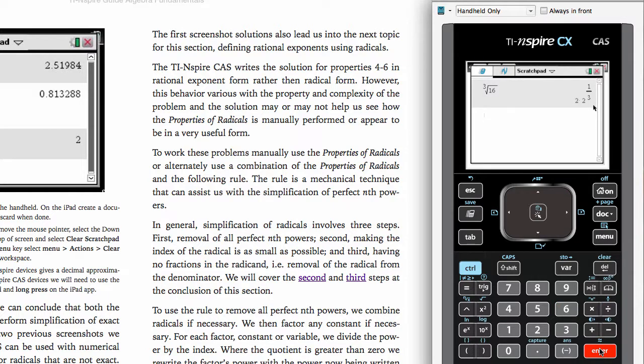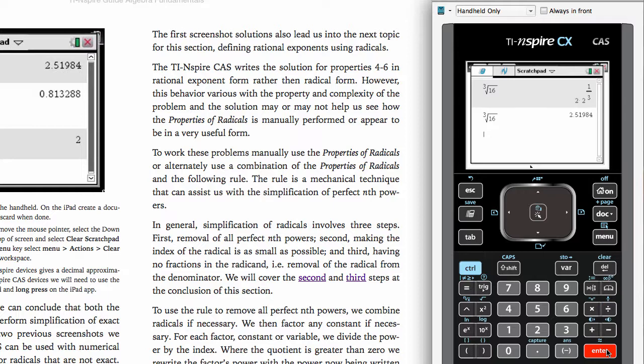And since we're on the CAS, it's going to give this answer with the rational exponent for the cube root and simplify it. If we go back up here and copy this answer down and then press Control Enter, we'll see what the numerical model does. So the numerical model switches this over to 2.51984.